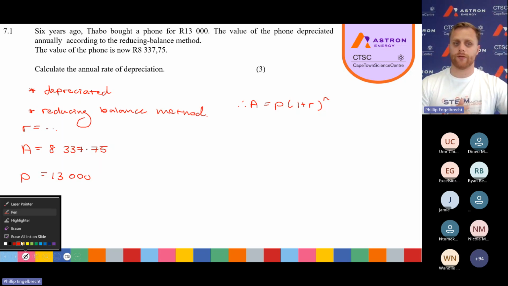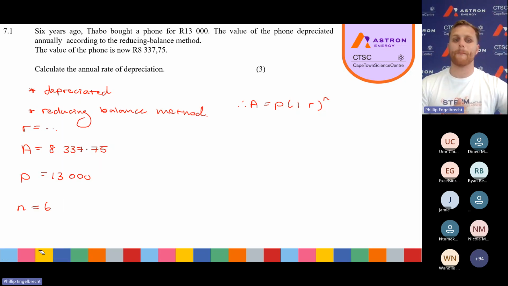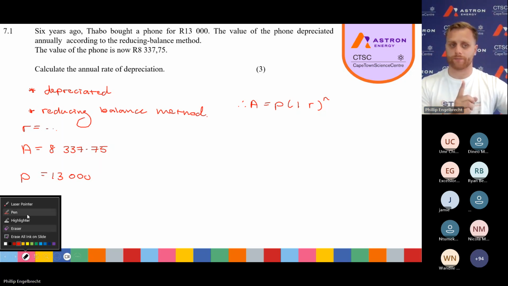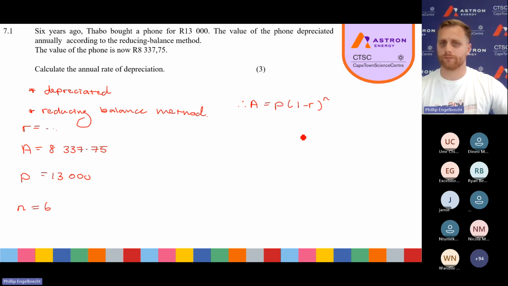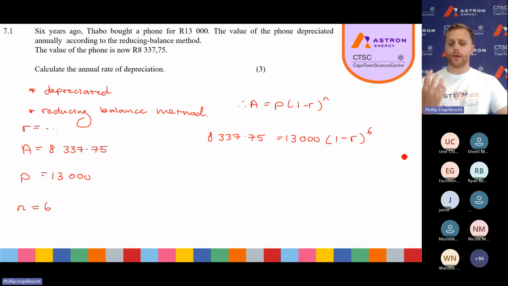So that becomes minus R. And all I do now is I substitute into my formula. So that becomes 8,337.75 is equal to 13,000 times (1 - R)^6. And all I need to do now, guys, is figure out the value for R.